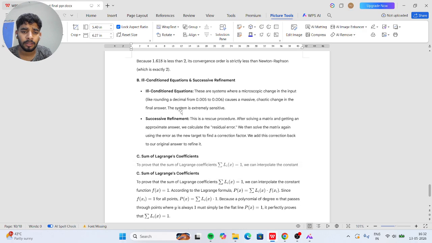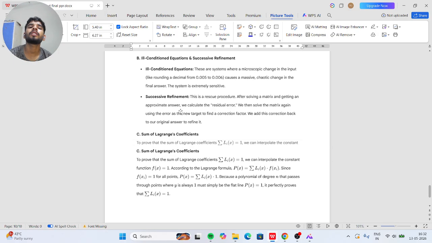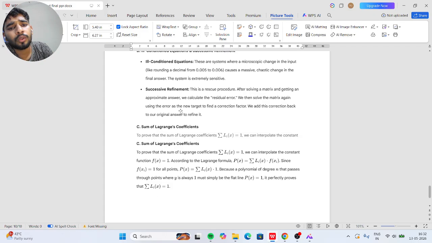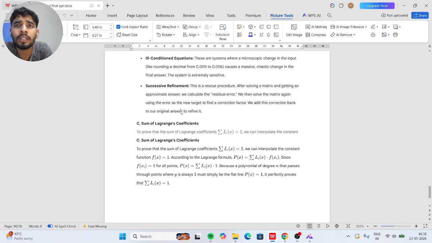So now for the second part, we will go through what ill-conditioned equations are and successive refinement. Ill-conditioned equations are systems where a microscopic change in the input, like rounding off a decimal from 0.005 to 0.006, causes a massive and chaotic change in the final answer.